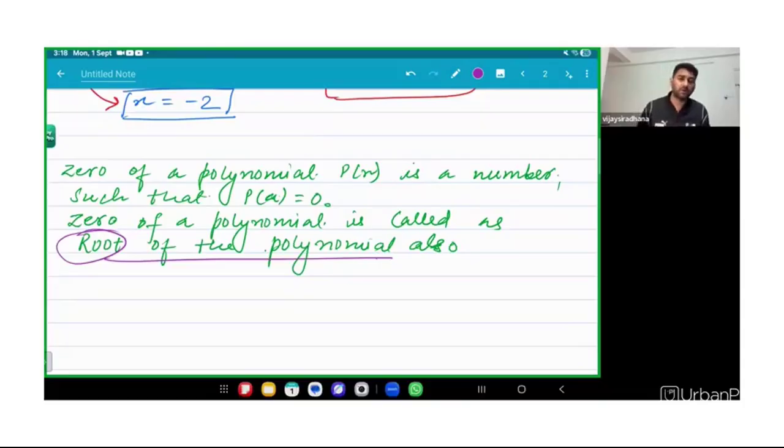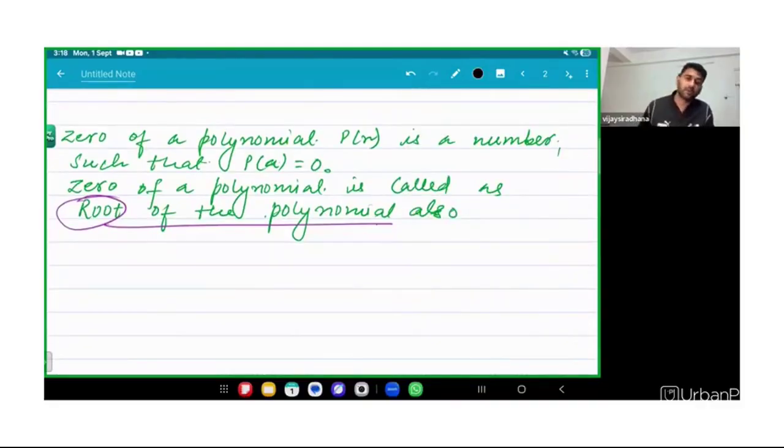Now let's solve many more examples with respect to the zeros of the polynomial.